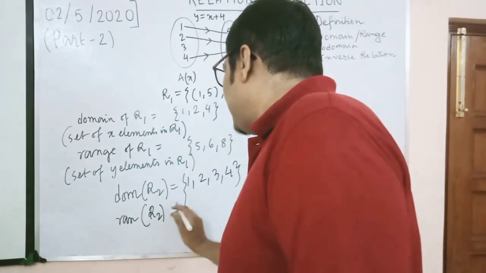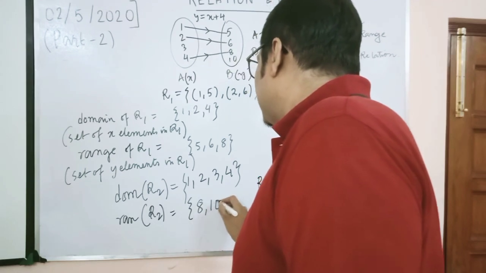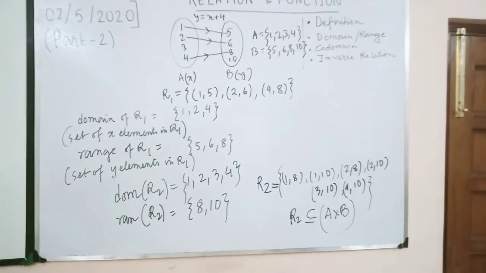So range of R2 will be 8 and 10. So hope you got that the domain will be the first elements, X elements, and range will be the second element of the ordered pair, that is the Y elements.